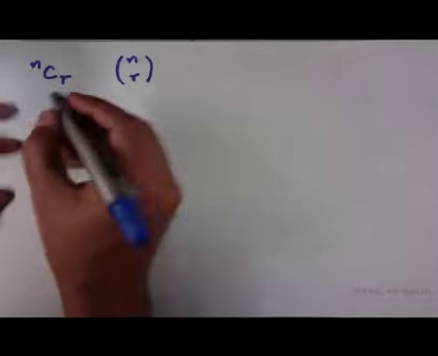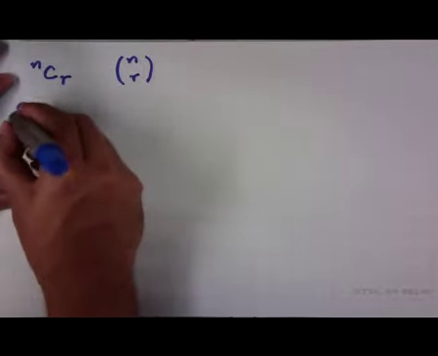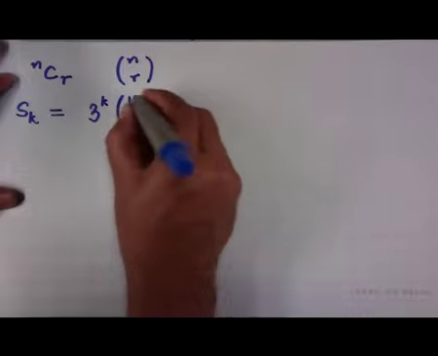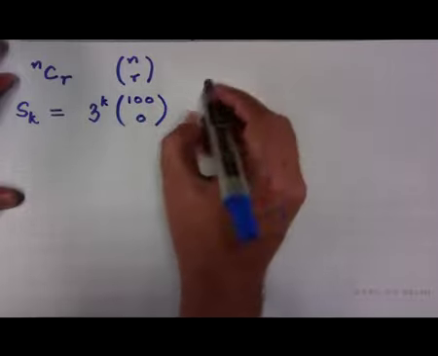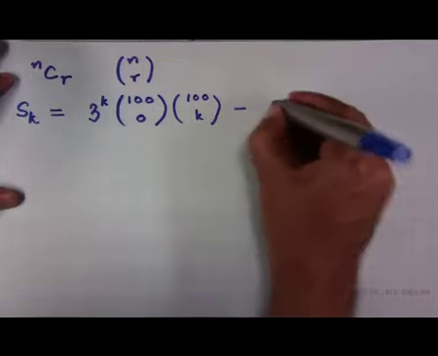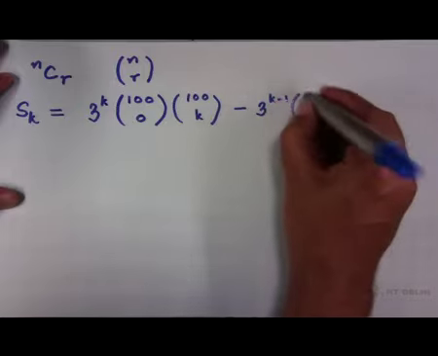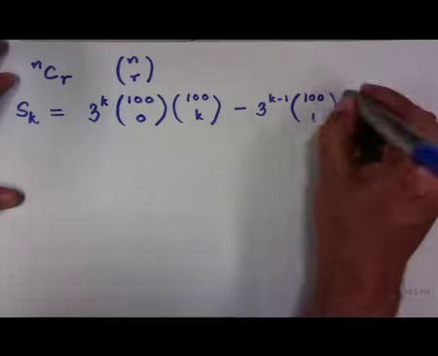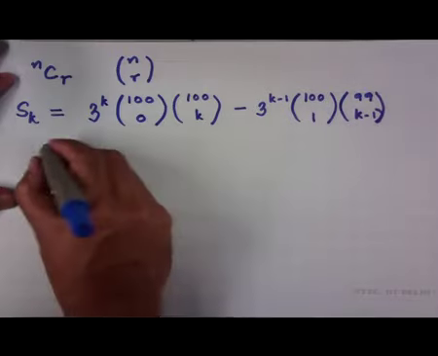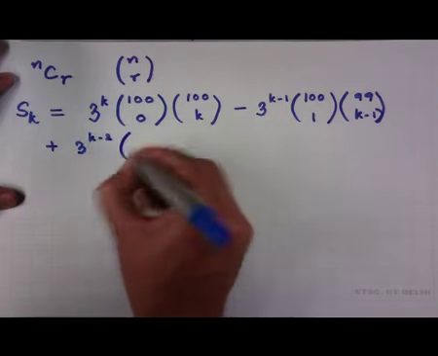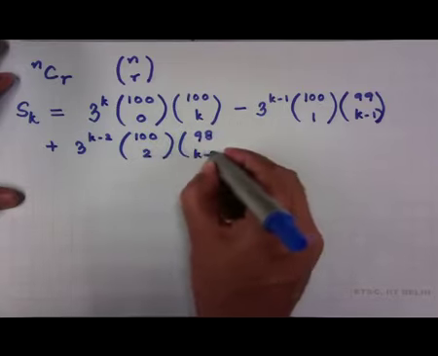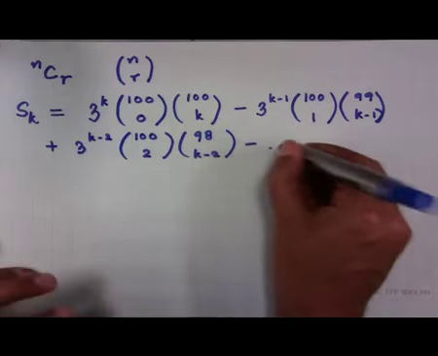So, the problem is as follows. Let us define Sk is equal to 3 to the power k times 100 choose 0 times 100 choose k, minus 3 to the power k minus 1 times 100 choose 1 times 99 choose k minus 1, plus 3 to the power k minus 2 times 100 choose 2 times 98 choose k minus 2, minus and then plus dot dot dot.